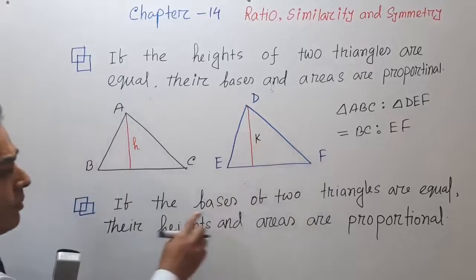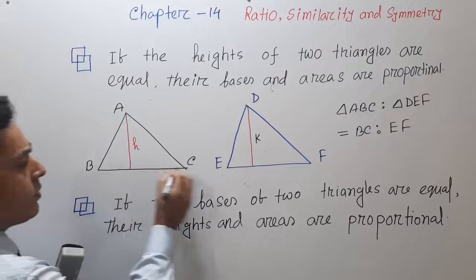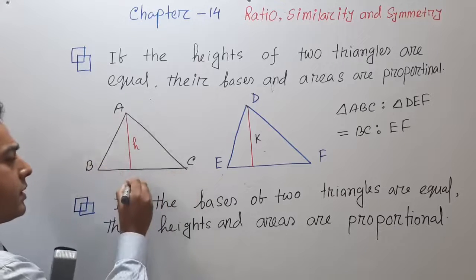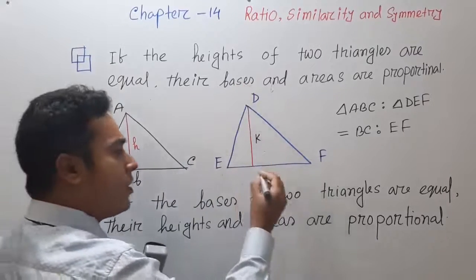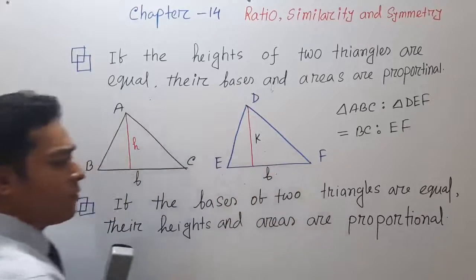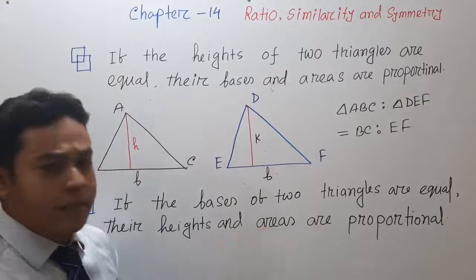If the bases of the two triangles are equal, that means the base of triangle ABC is b, and the base of DEF is also b, then their heights and areas are proportional.